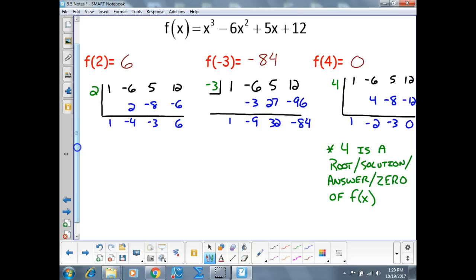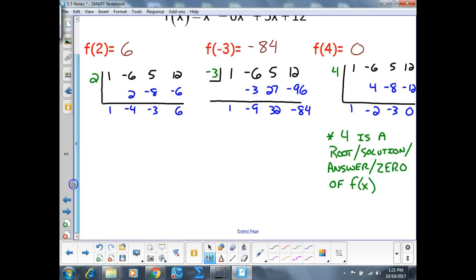Which is important, because that's what we're gearing up towards. We're gearing up to finding the solutions to these complex polynomials. So we just found one right there.